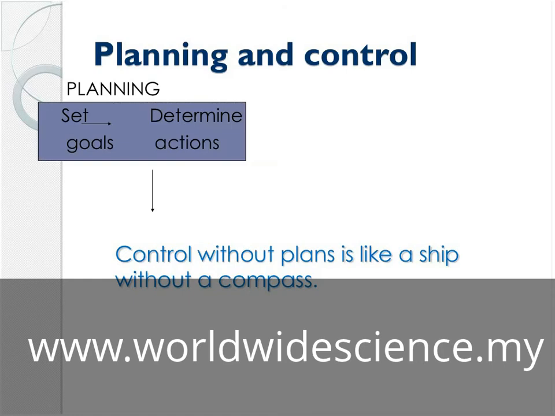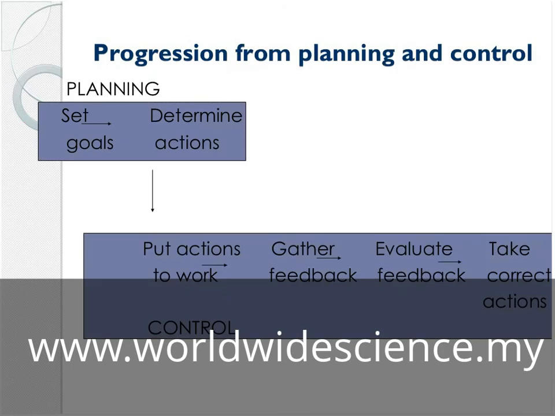Next one. So how is the progression going in plan and control? Let's see. Plan, as I told you, we set the goals first, right? We determine the actions. So I'm going to recall. First we set the goals, determine the actions, and put the actions to work. You have to remember these things. We gather feedback, right? We collect the feedback from customers.